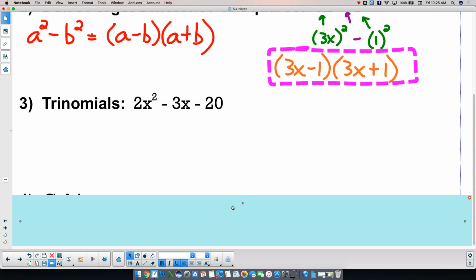Trinomials have 3 terms, hence tri. Now, you're looking for the product of 2 binomials when you factor a trinomial.